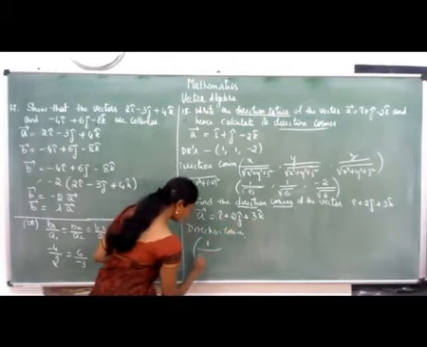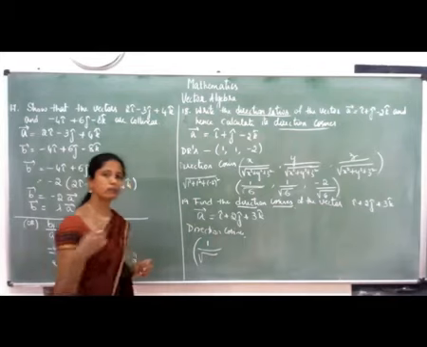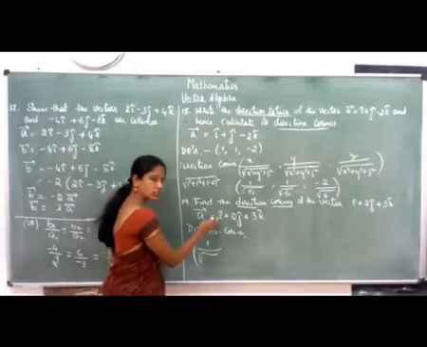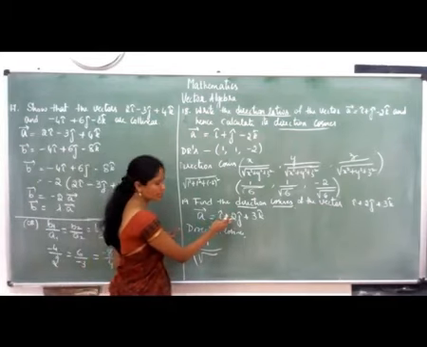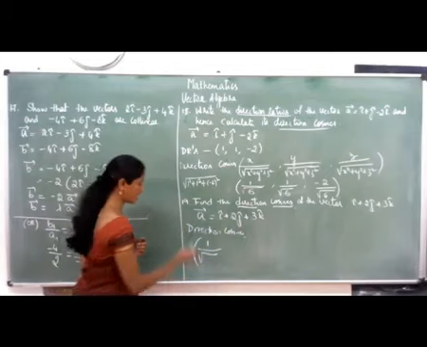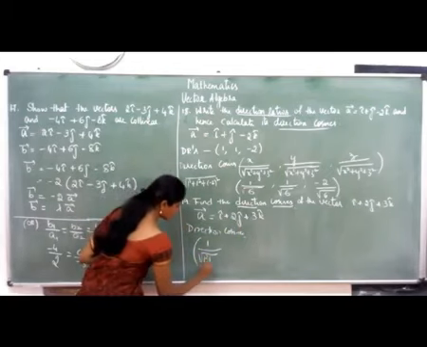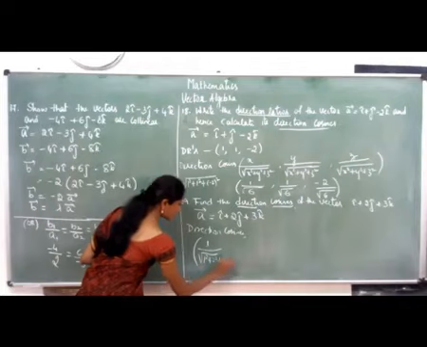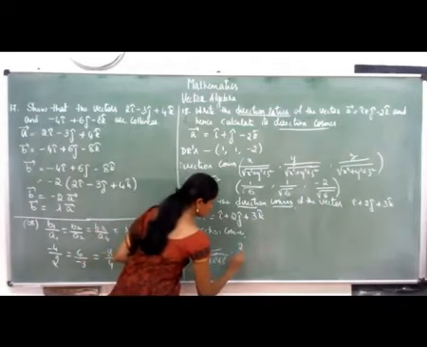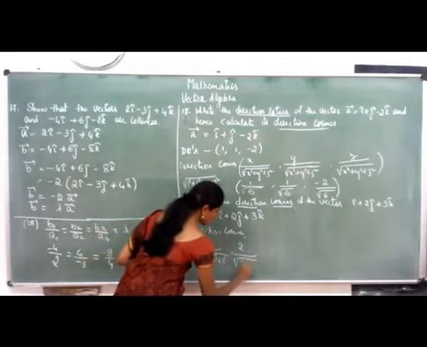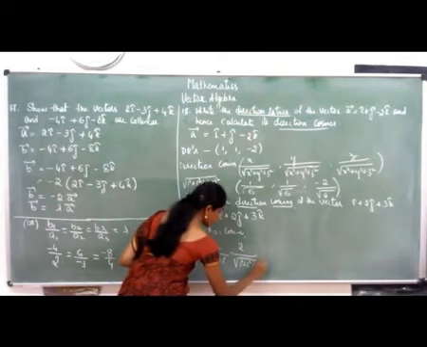So 1 divided by root of x square plus y square plus z square. 1 square, it is 1, 2 square, it is 4, 3 square, it is 9. So 1 square, 2 square plus 3 square. Then you have 2 divided by root of 1 square plus 2 square plus 3 square.